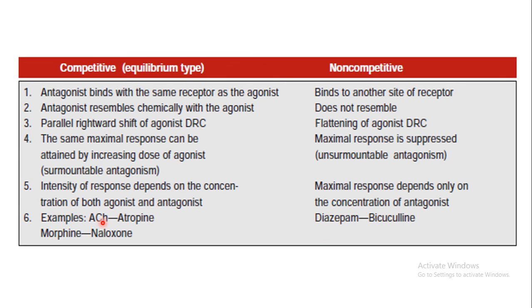In case of competitive antagonism, it is ACH and atropine. Atropine is a competitive antagonist of ACH. Naloxone is a competitive antagonist of morphine at the opioid receptor. In case of non-competitive antagonism, bicuculline is a non-competitive antagonist of diazepam, so the binding site is different on the same receptor.